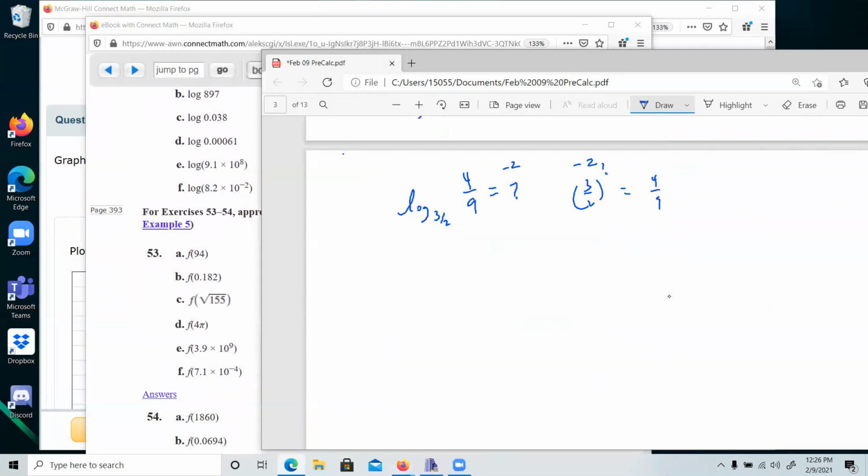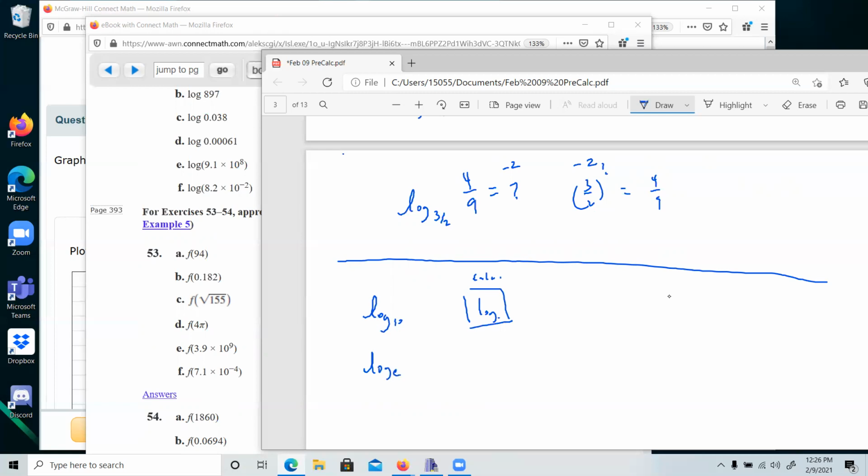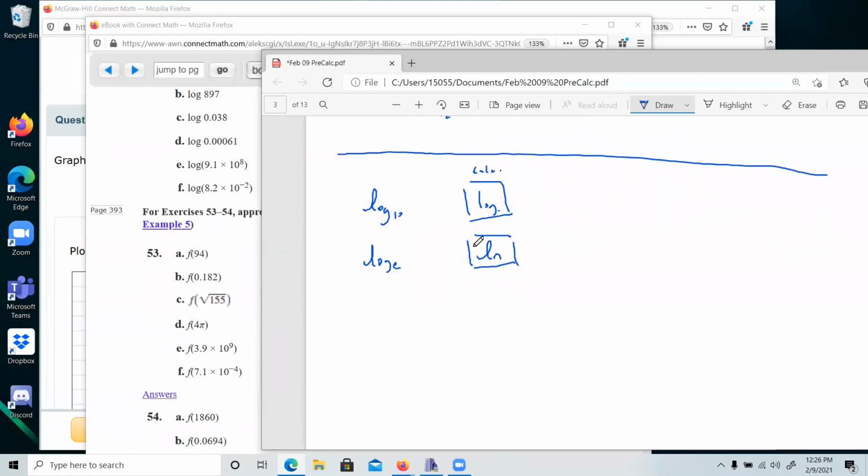But there's 3 logarithms that we really care about and that we really deal with. It's log base 10, which is LOG on your calculator. We have log base e, which is LN, it's not an I, on your calculator. That LN button is the natural log. And then we have LG.